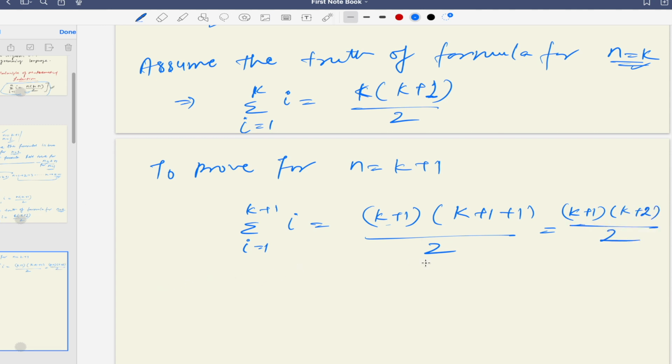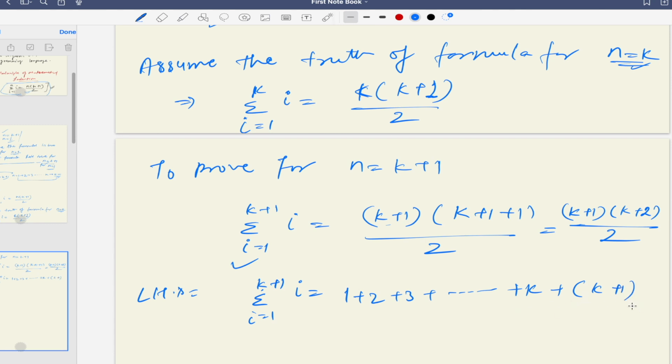So we will pick the left one, the left hand side, LHS. We will try to solve the LHS. So what will we do here? Sigma i equals 1 to k plus 1, for i, what will it be? It will be 1 plus 2 plus 3 and so on, plus k plus 1.